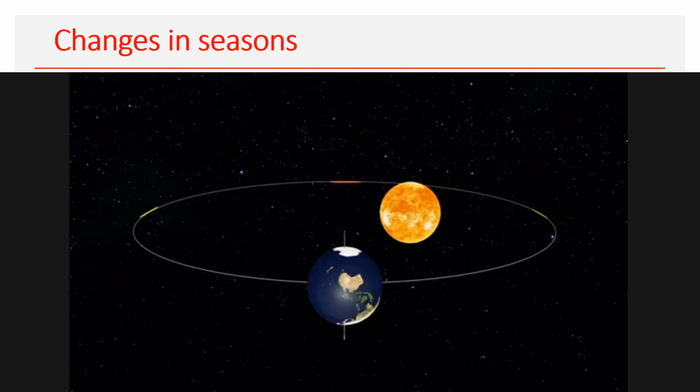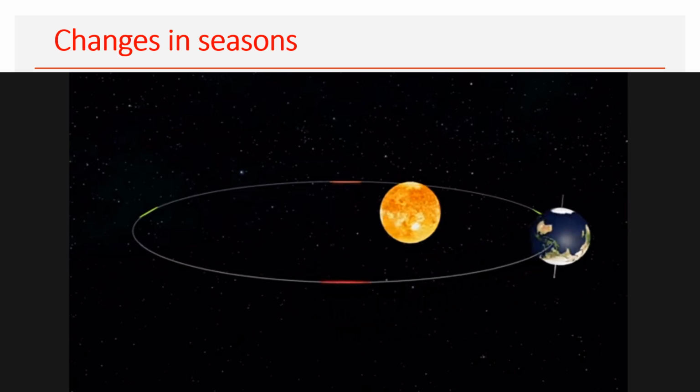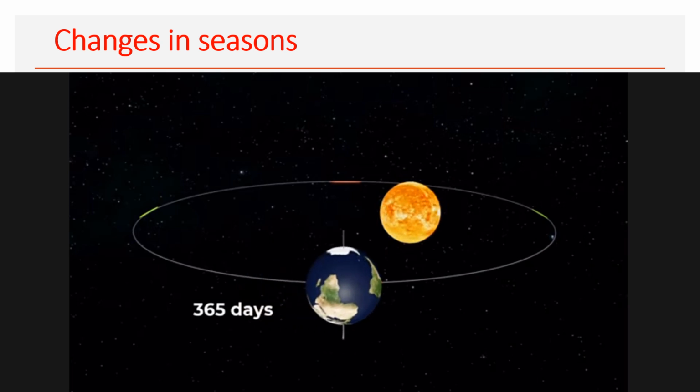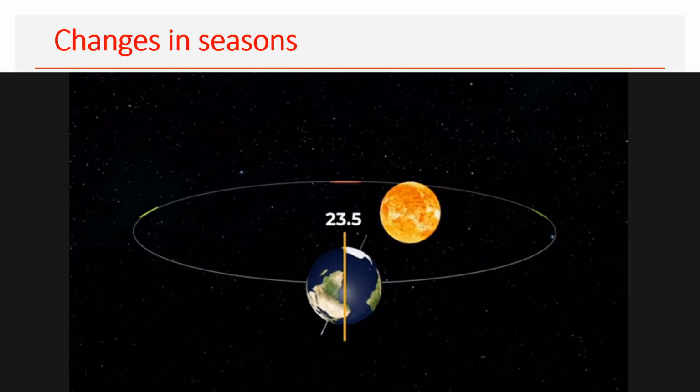This rotation takes 24 hours to complete, which we call one day. The Earth also orbits around the Sun, and this orbit takes 365 days, which we call 1 year. Earth is tilted on its axis at an angle of 23.5 degrees. This tilt is what causes the changing of seasons.